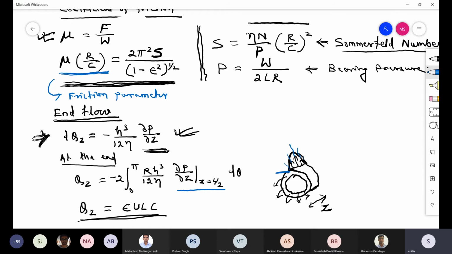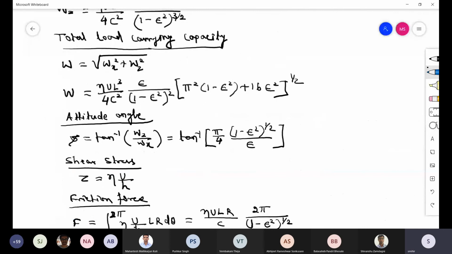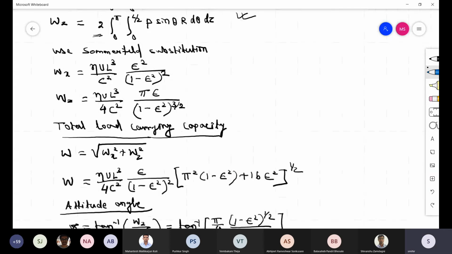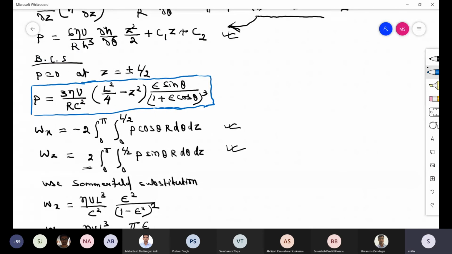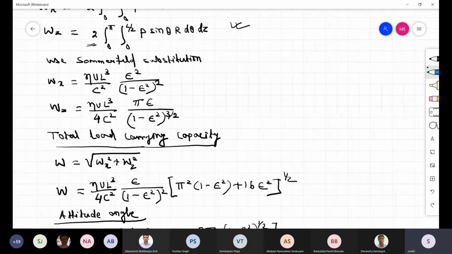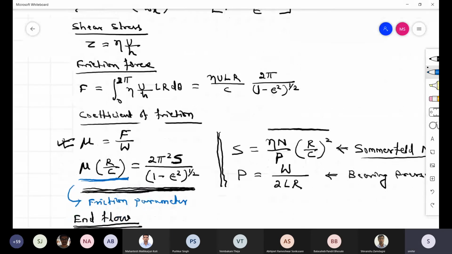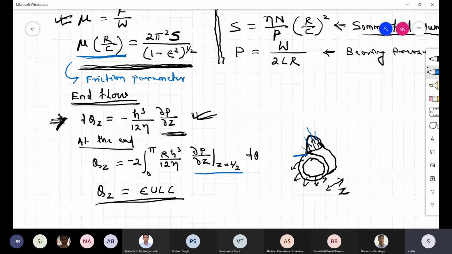Okay. That means what you do, come back here to the pressure expression. Now first find del P upon del Z. After finding del P upon del Z, you substitute Z equal to L by 2 in that expression.